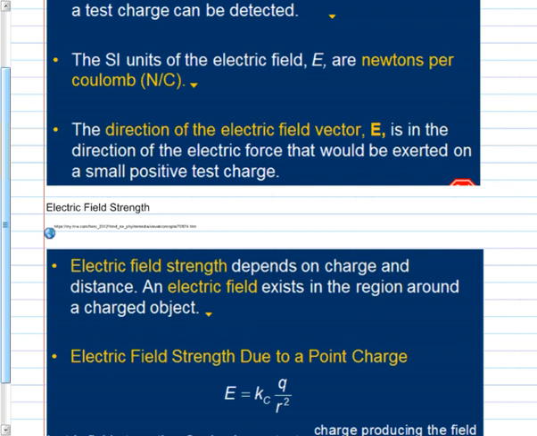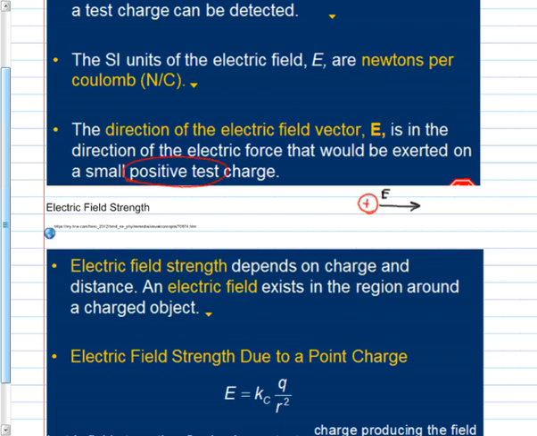The direction of the electric field vector, E, is in the direction of the electric force that can be exerted on a positive test charge. And this is going to carry through when we get into current, the direction of current. It's the direction that a positive charge would be moving. So if I have an electric field that is in that direction, that means it would be coming from some sort of positive.